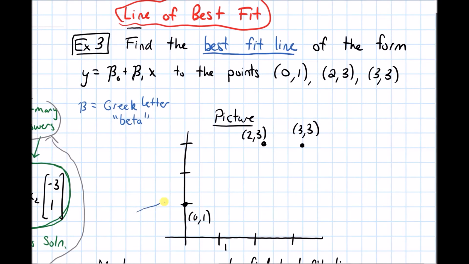Maybe it looks something like this. Let me give myself a little bit of room between the line and the points. Let's say my best fit line looks something like this. So this is y equals beta naught plus beta 1 x.